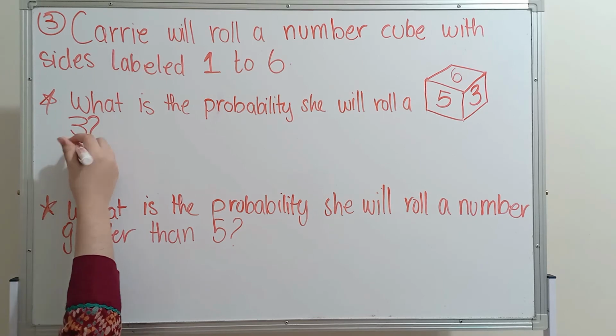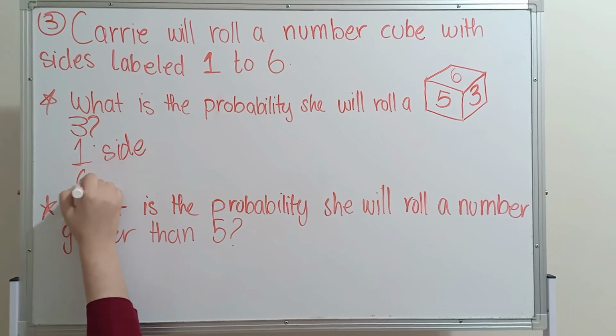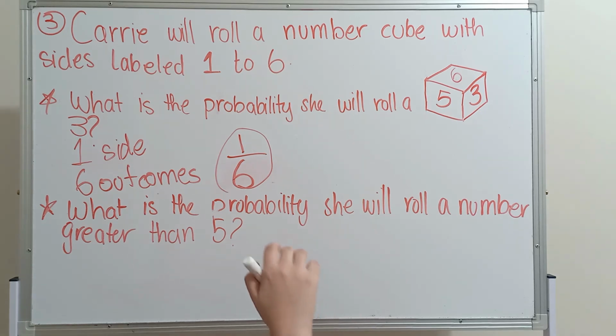The probability that she will roll a 3 is 1 out of 6, because each side gives only one outcome. If you were to roll a 6 or a 5, it would still be the same, 1 over 6. So the probability that she will roll a 3 is 1/6.